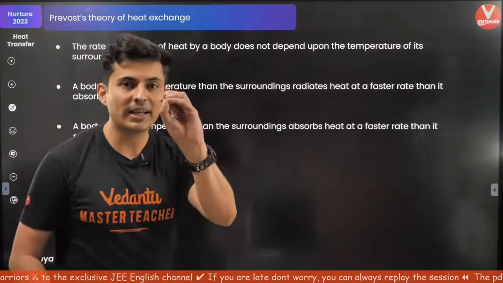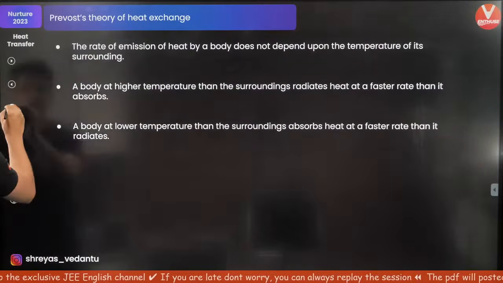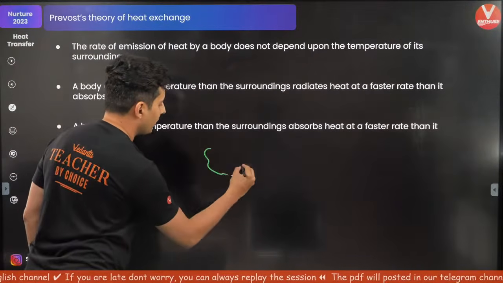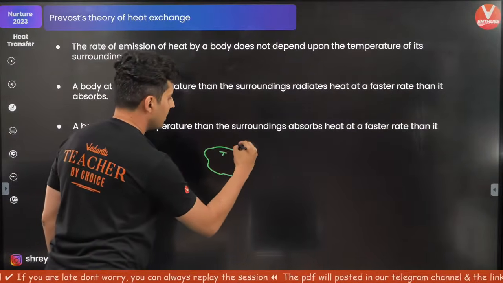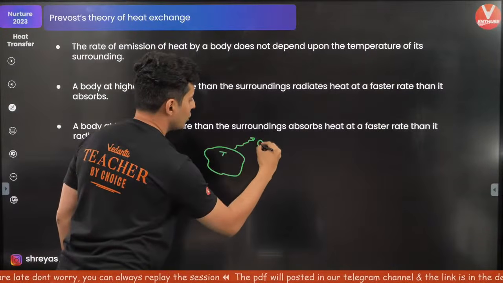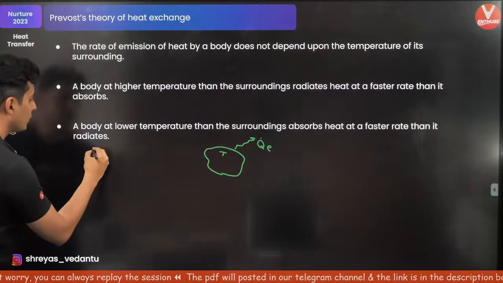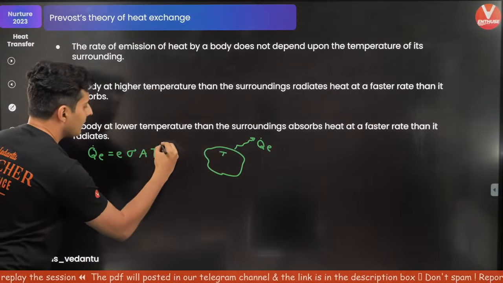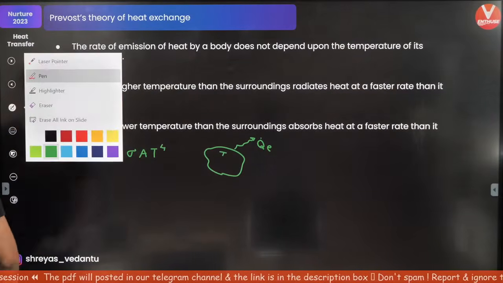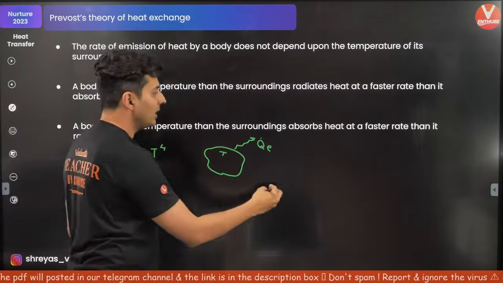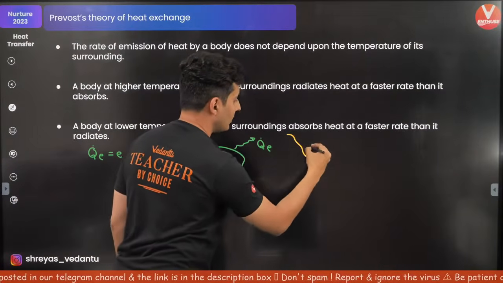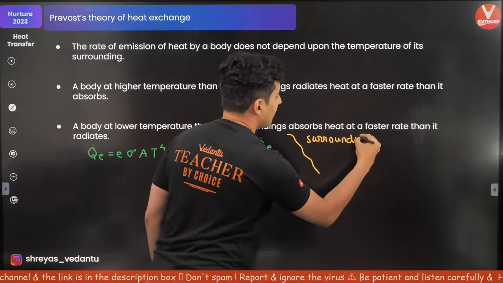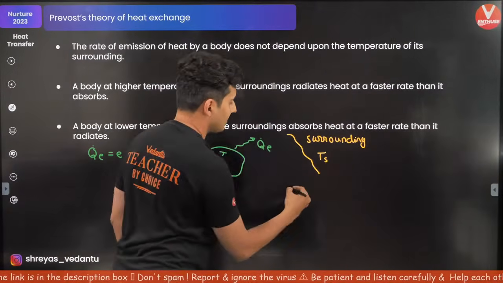Based on these three, you can combine it into one single law. Observe this. If you have a body at temperature T, it is emitting some energy Q dot E. That Q dot E, I just told you, is E sigma A T raised to 4. But there might be some surrounding at temperature Ts.